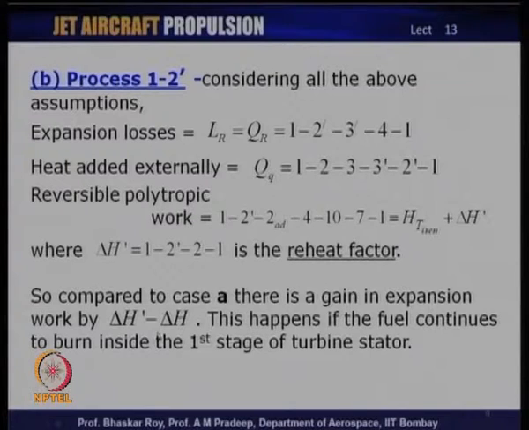In a turbine, as you know, the nozzle or the stator comes before the rotor. So, if there is a certain amount of heating going on inside the nozzle, this would add to the reheat factor, and as a result an additional expansion possibility would come up.